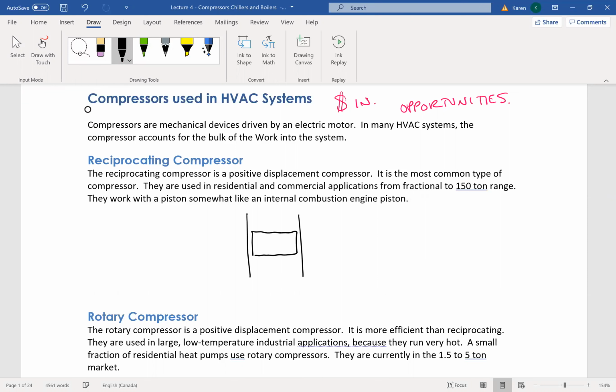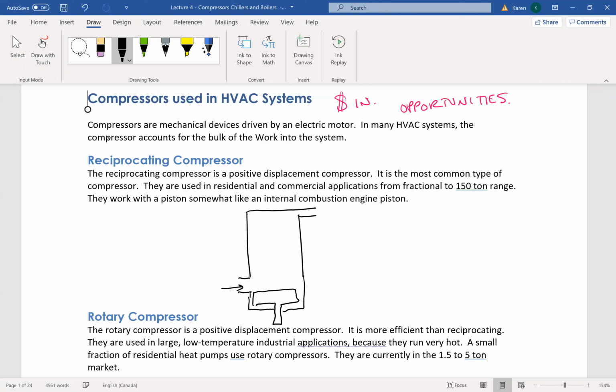So a reciprocating compressor basically looks like this, where there is a piston and there is an inlet. Sorry, that piston is going to start down below here. It's going to start down here.